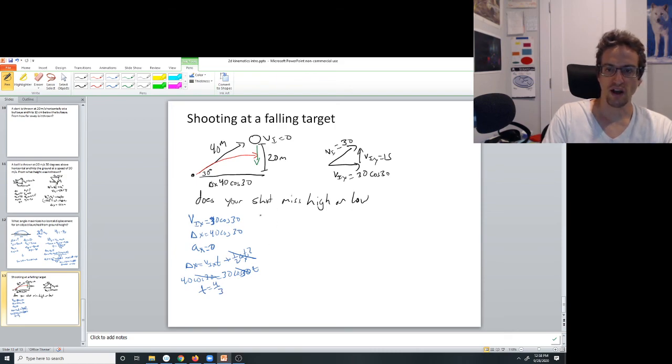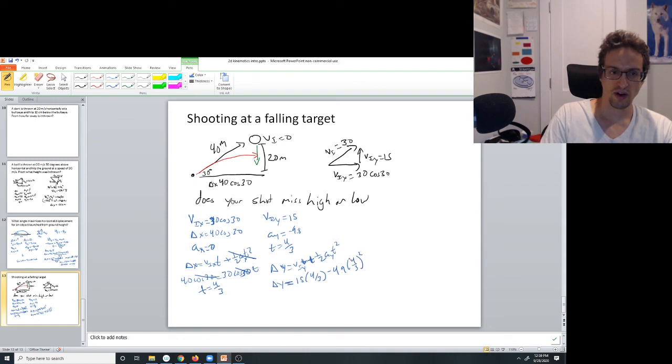I then can go to the y component of this, again of the shot. So v initial y is 15, a_y is negative 9.8, and I just found that time was 4/3. So if I put that into change in y equals v initial y times time plus 1/2 a_y times time squared, I should get that change in y is equal to 15 times 4/3 minus 4.9 times 4/3 squared.